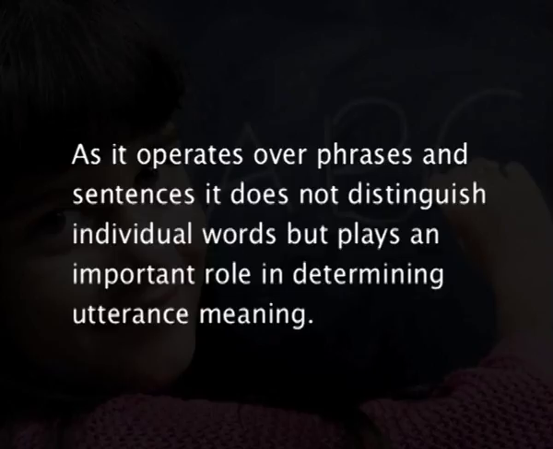As it operates over phrases and sentences, it does not distinguish individual words but plays an important role in determining utterance meaning. Edge tones occur at the end of phrases, including sentences. These shape the meaning in various ways and aid in processing sentence structure.